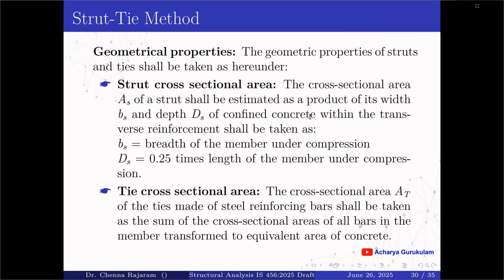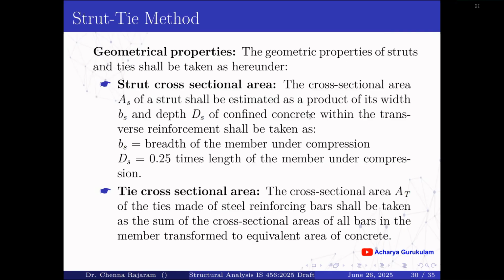For geometry properties, the geometry properties of the struts and ties shall be taken as follows. For strut cross-sectional area, AS of the strut shall be estimated as the product of its width, that is BS, and depth, capital DS, of confined concrete within the transverse reinforcement, taken as BS equal to breadth of the member under compression and DS equal to 0.25 times the length of the member under compression.